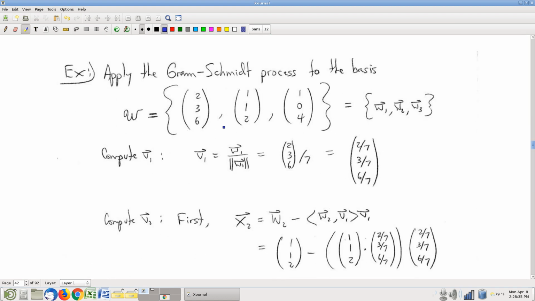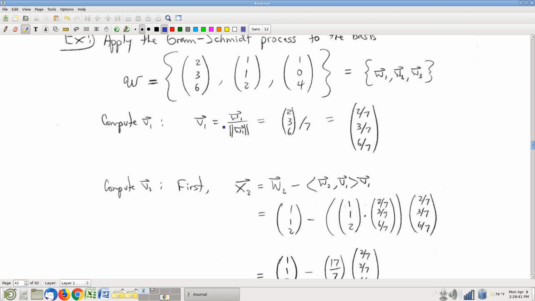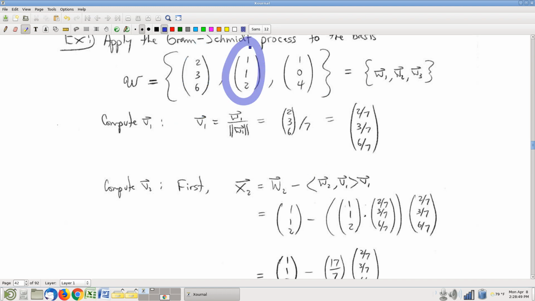Okay. There's a detailed example here. This is just numbers. I want to point to one very quick thing about this calculation. Real quick, that first vector, normalize. Math 212, no big deal, right? Secondly, this second vector. I'm going to subtract off of that second vector the V1 part of it.